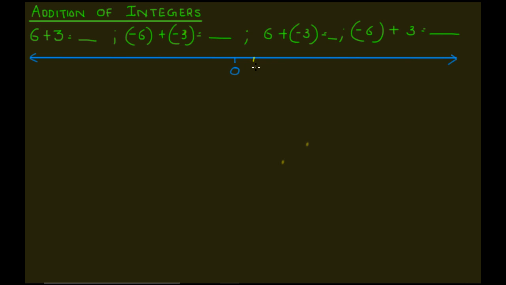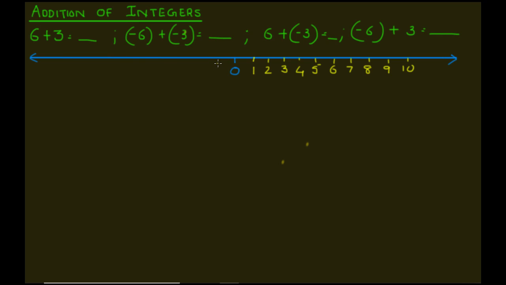And then we have the positive integers on the right hand side. Yes, you have positive 4, positive 5, positive 6, positive 7, positive 8, positive 9, and it can go on, but I'm going to stop here as of now.